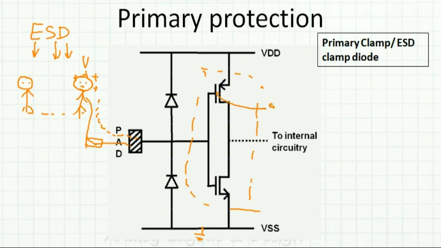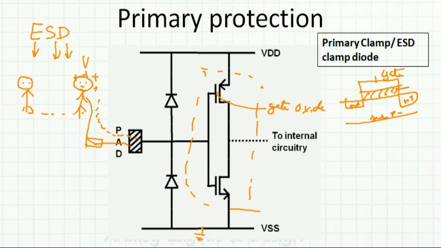So this is the gate oxide. How is this gate oxide? If you see the MOSFET like this, this is the gate, this is the substrate, P plus, P minus, this is N plus, N plus.